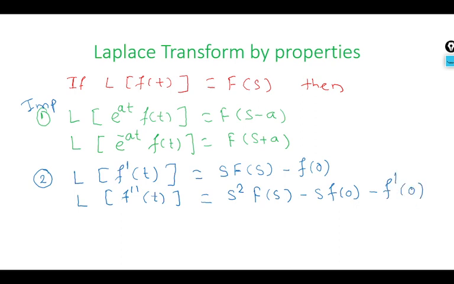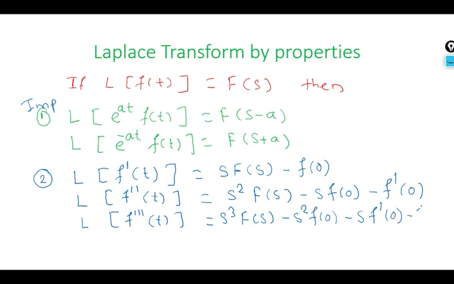So this is for second order derivative. And the third, Laplace of f triple dash of t is s cube F(s) minus s square f of 0 minus s f dash 0 minus f double dash 0.